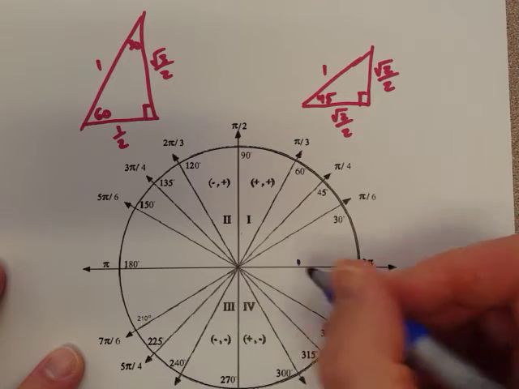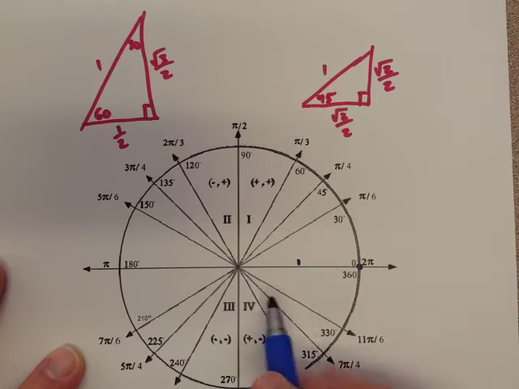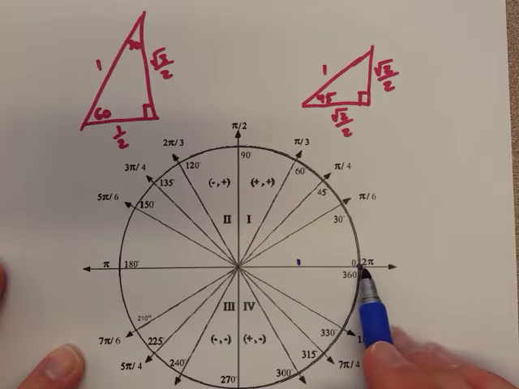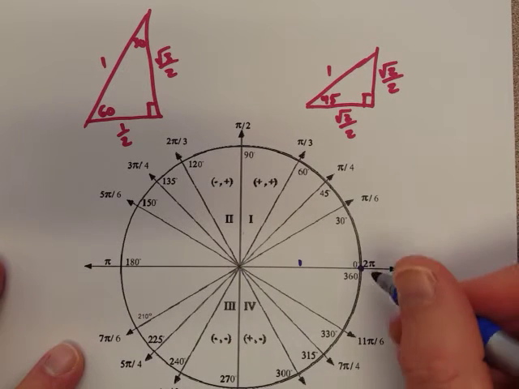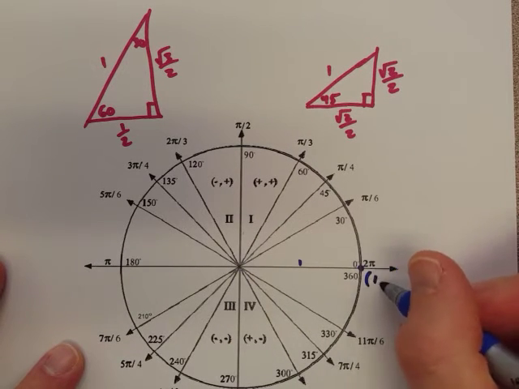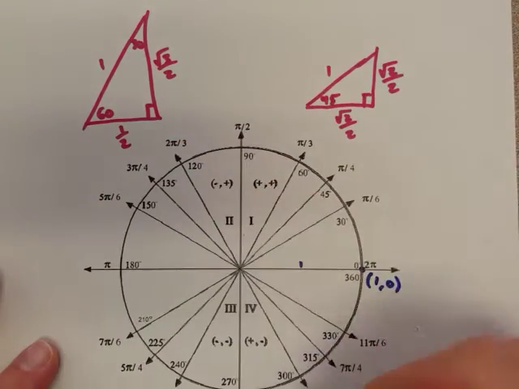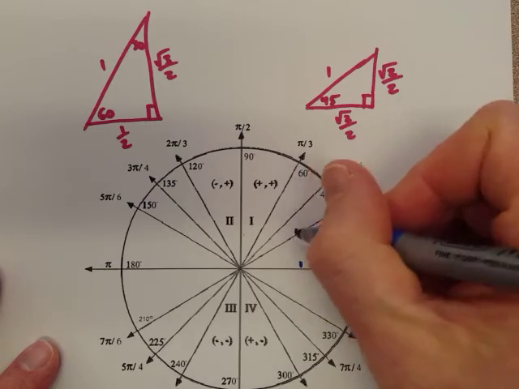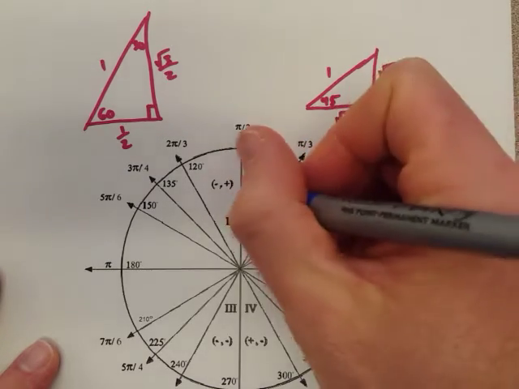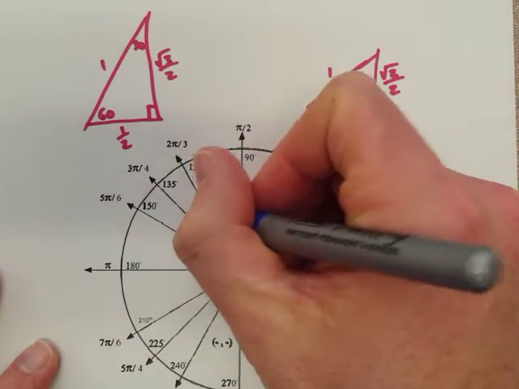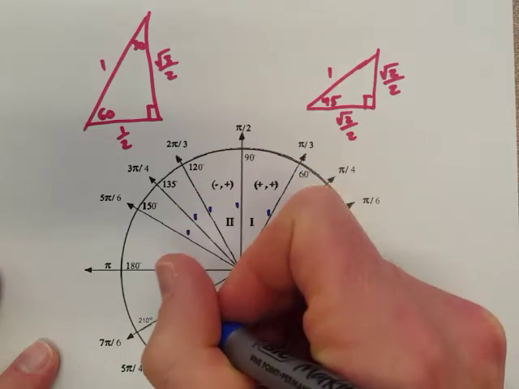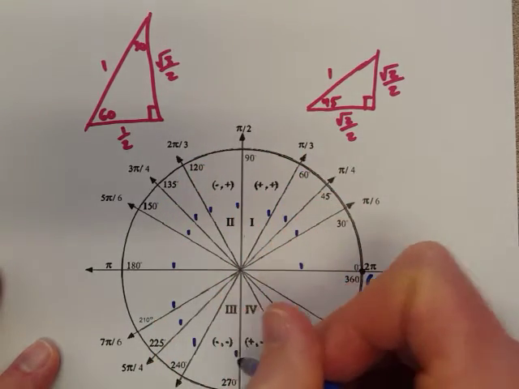We know that the radius is 1. That means if we go 1 unit over on the x-axis, this is going to be at the point 1, 0. So 1, 0 is where we start. Now we're just going to move all the way around here, and again, it's important that each one of these has a radius of 1, and so we're going to be using our special right triangles for that.